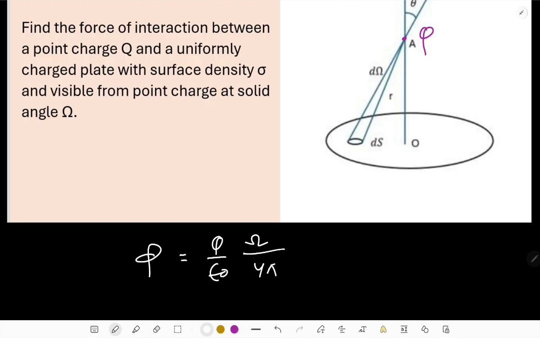An infinite plane subtends a solid angle of 2 pi. If you know it, it will be helpful.